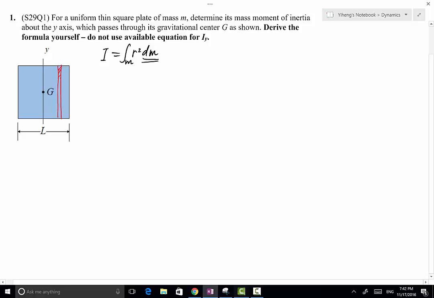The reason why we can choose this strip is because, if this is our x-axis, then this little width right here is dx. And any point on this strip has the same distance to y, and that distance is actually x. So for that reason, we can choose this strip as our differential element.